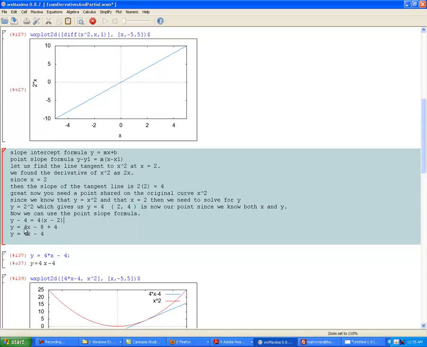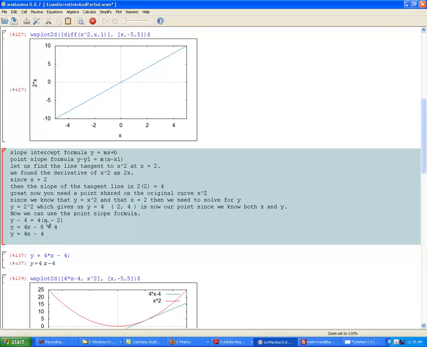Then we end up with y equals 4x minus 8 plus 4, which gives us 4x minus 4 for our resulting value. You add 4 on both sides, which eliminates the minus 4 and puts a plus 4 on this side.